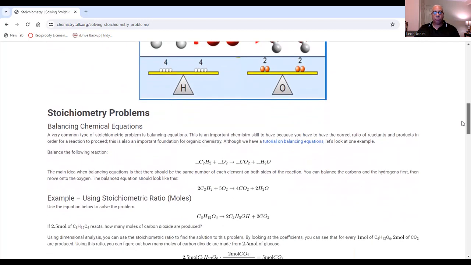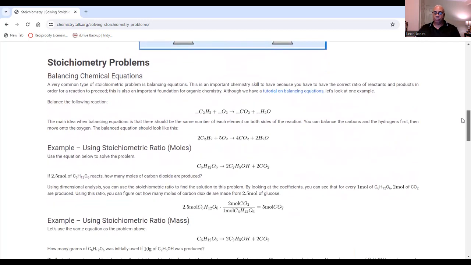Now, stoichiometry problems, and one that is very, very common, we have carbon hydroxide. Well, we deal with balancing equations. Now, here's what we do. The main idea when we balance equations, we want to get the same elements on each side of the equation.